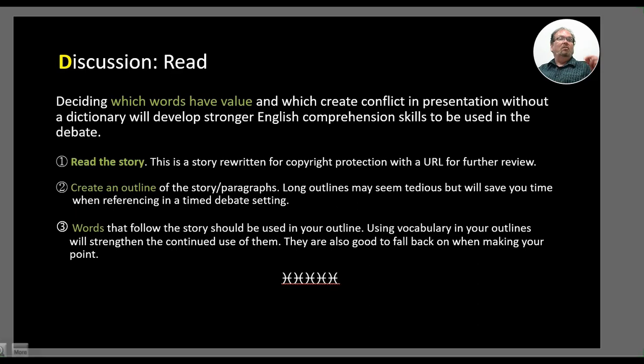If you underline or you create your own ideas, you will use them again, because now you have them in your brain. You have a memory. You have impacted that piece of your memory. And they're good to fall back on, to use later when you're thinking of that word. It might come to your head. If you don't use it very often, you will lose the idea. So it's always better to do it.